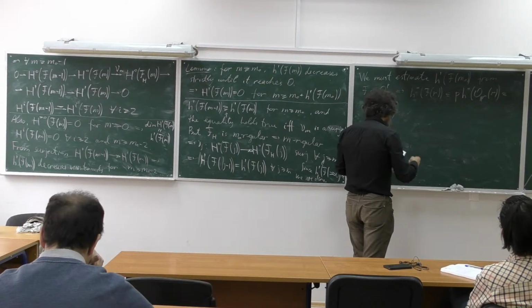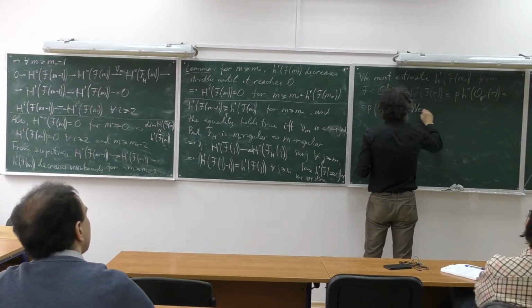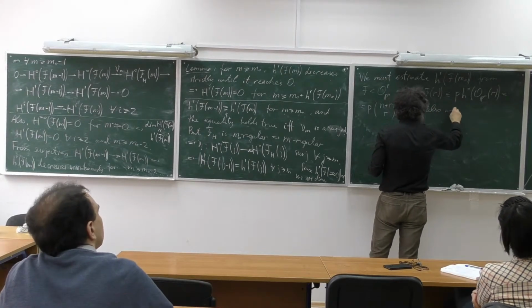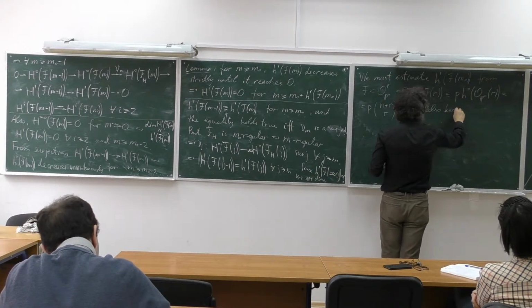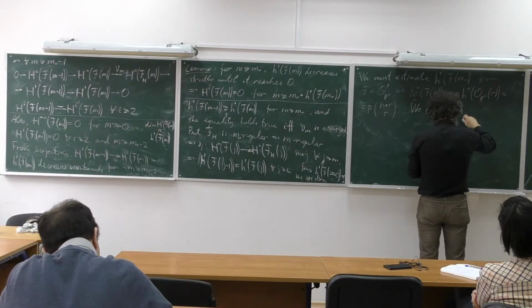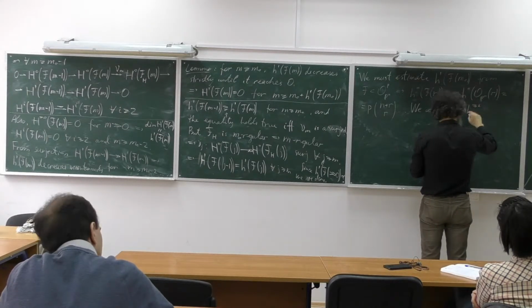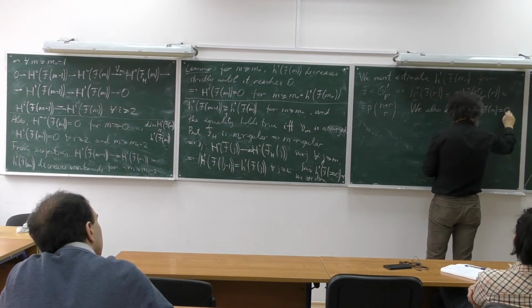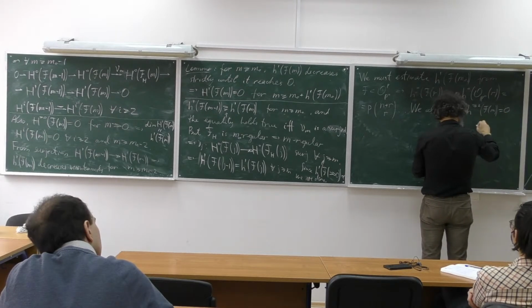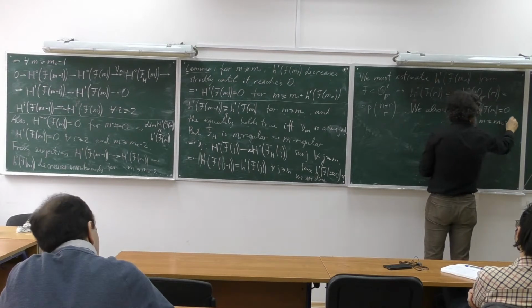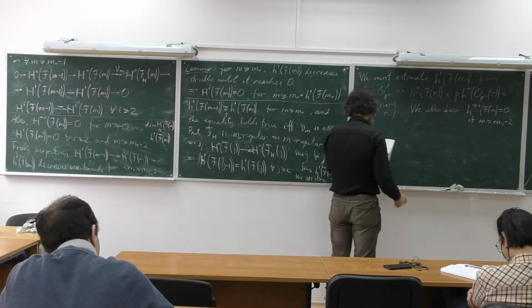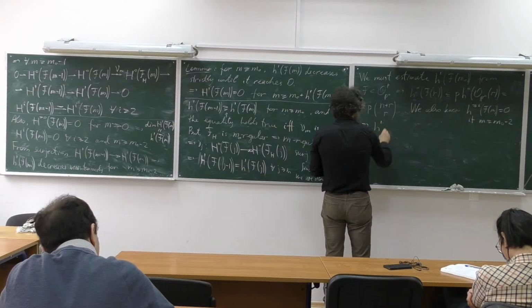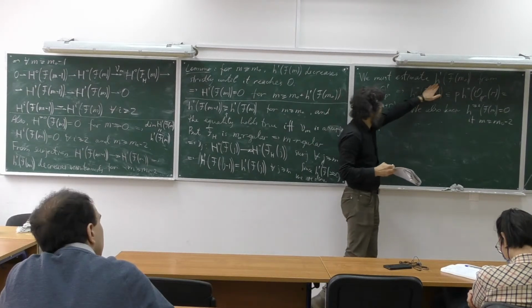We also know that there is no higher cohomology: H bigger than 1 is 0, if M is at least M0 minus 2. And so the H1 we are after, we want to estimate it.